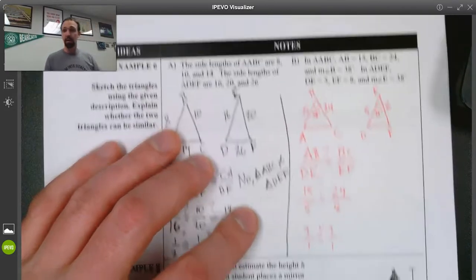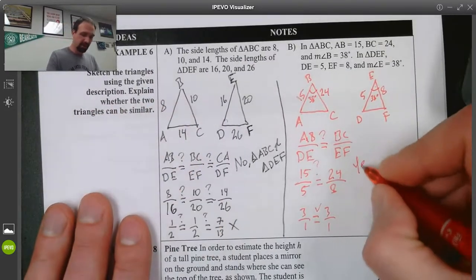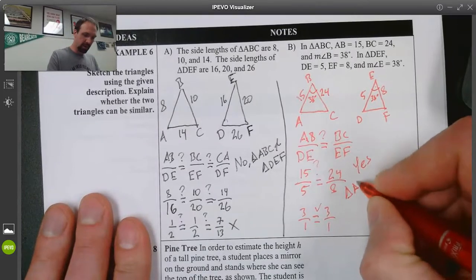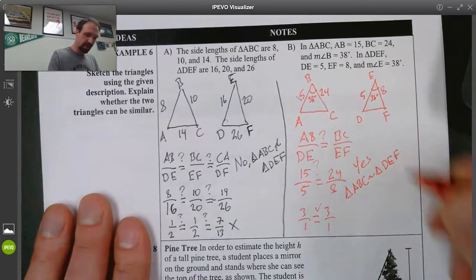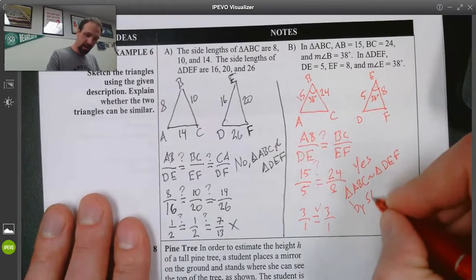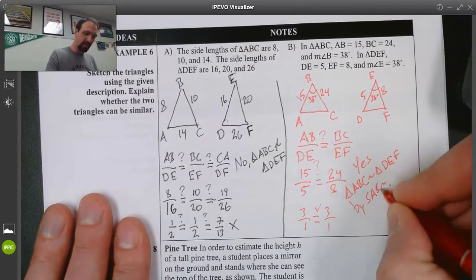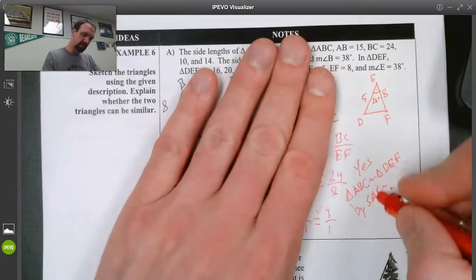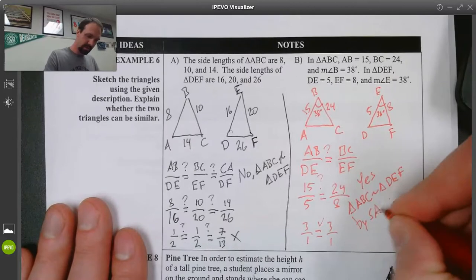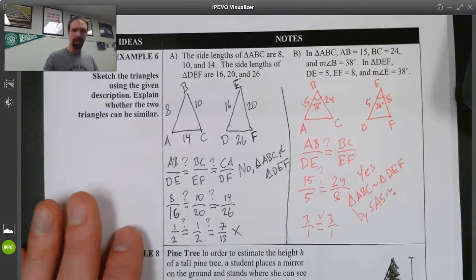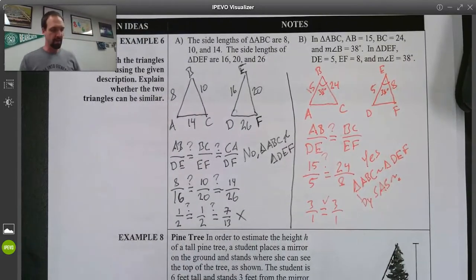So these are proportional, so yes, triangle ABC is similar to triangle DEF, and I need to say by the side angle side similarity. Helps if my handwriting is legible. Side angle side similarity. There we go. So we know that that is true.